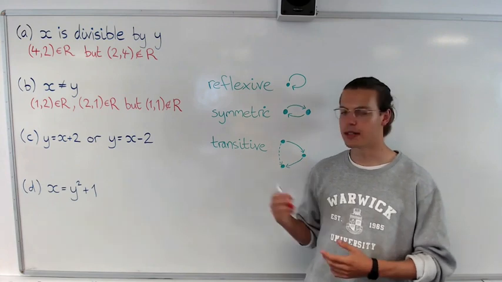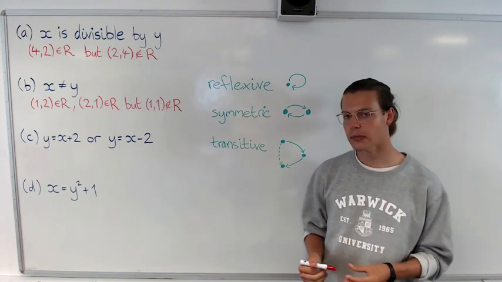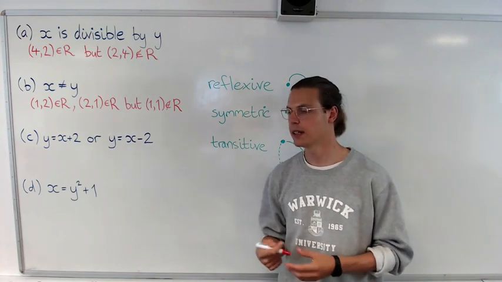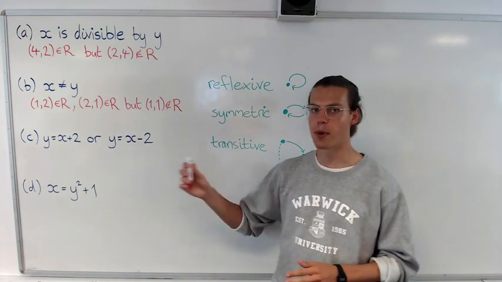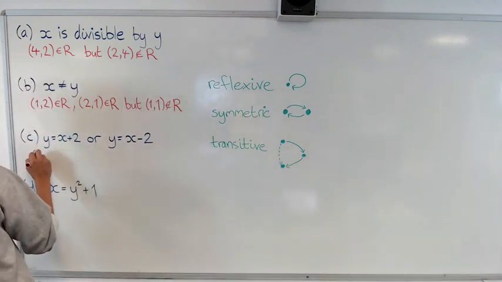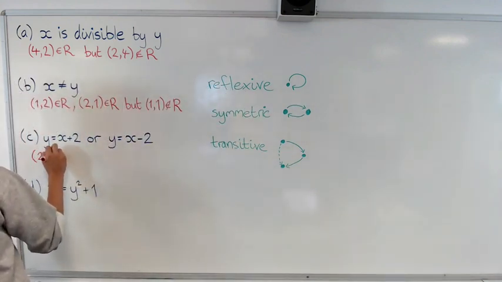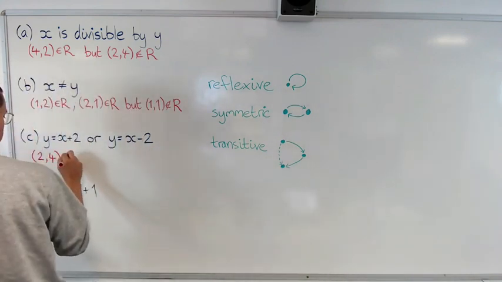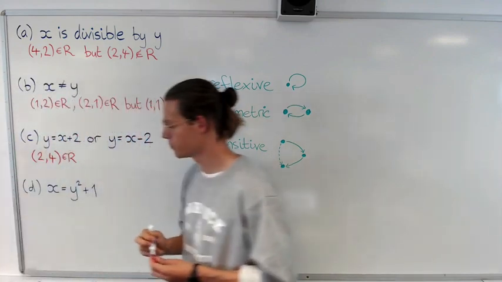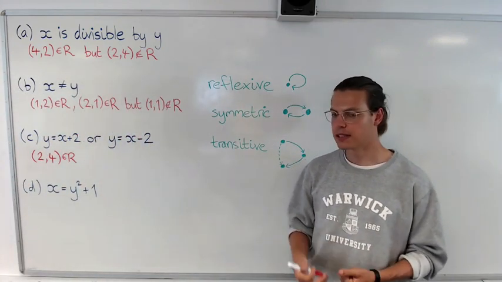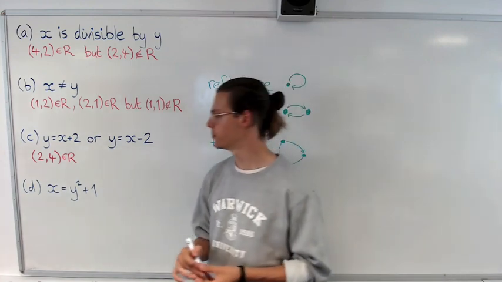Is this a transitive relation? Well, 2 is related to 4, since 4 is 2 more than 2. And 4 is related to 6, since 6 is 2 more than 4.